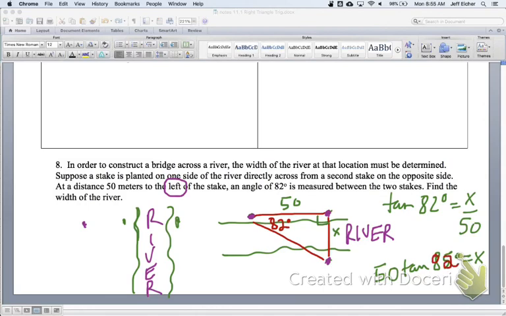Where in the world did 85 come from? 82. Must have been thinking of 50. 50 tangent 82 degrees is 355.77. So it's approximately 356 feet, so a little more than a football field in length.